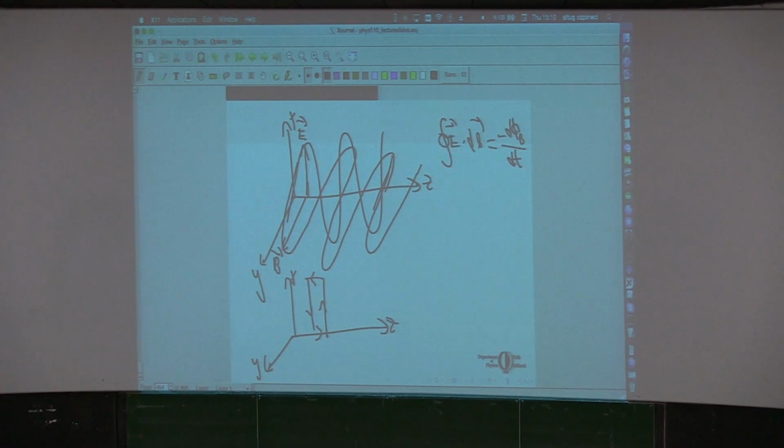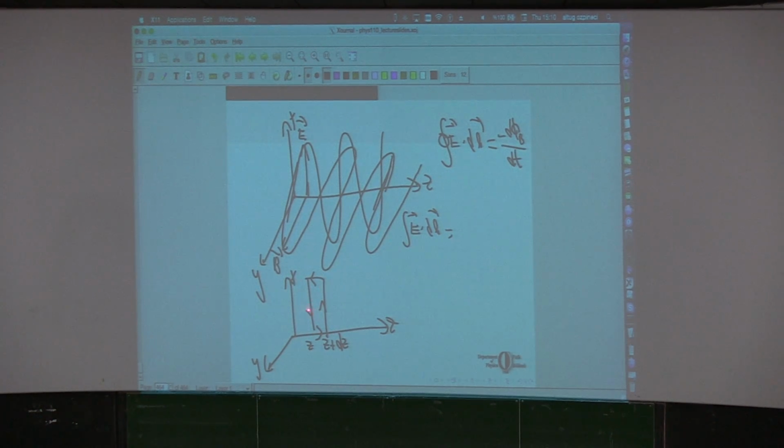Now let's start with E dot dl. So let's say this is the point Z, this is the point Z plus dz. And remember, the electric field is in the vertical direction. So there's no contribution from these horizontal pieces, neither from the top nor from the bottom.